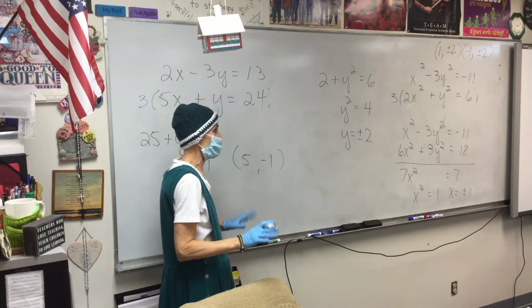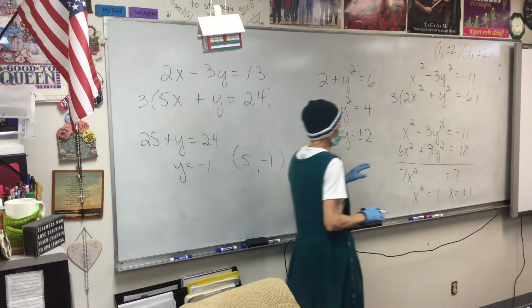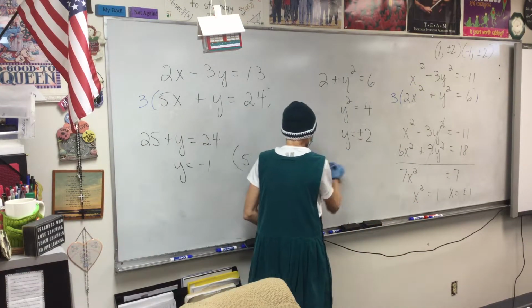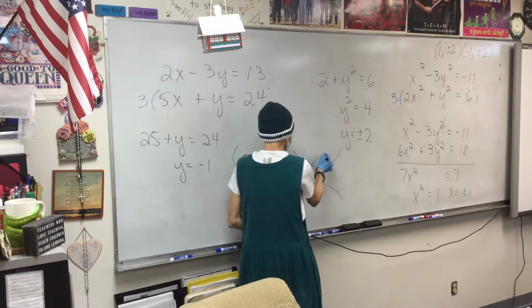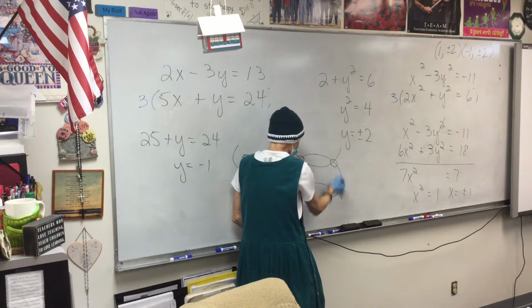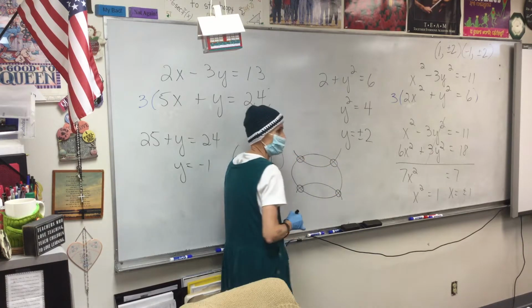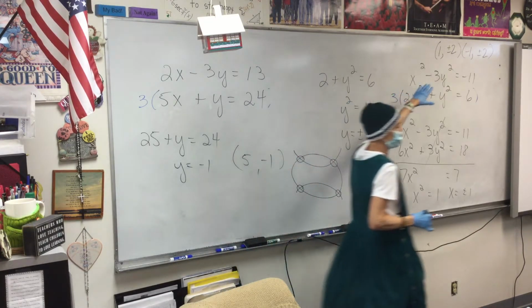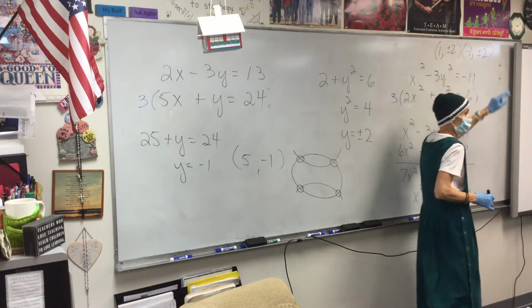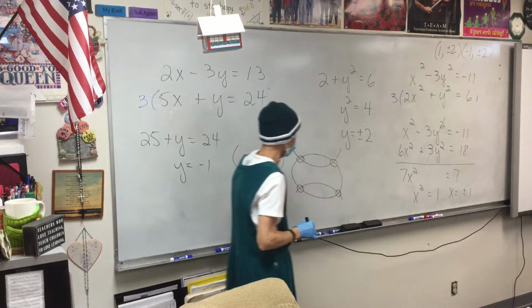Not that you need to know this, but this is one of those weird situations where we have a hyperbola and an ellipse, and they are actually intersecting in how many points? 4 points. 1, 2; 1, negative 2; negative 1, 2; negative 1, negative 2. 4 points of intersection.